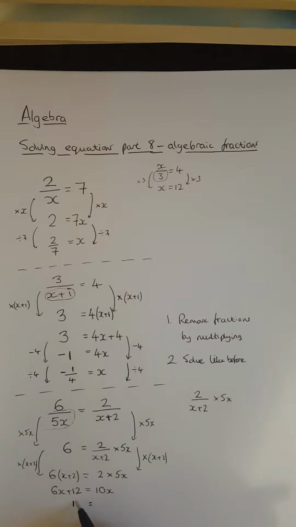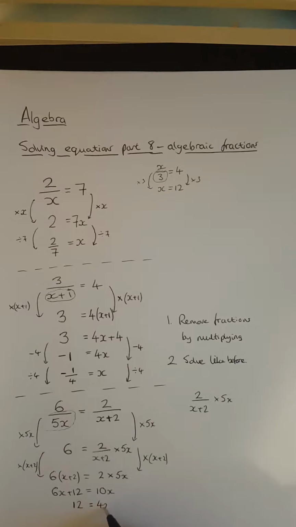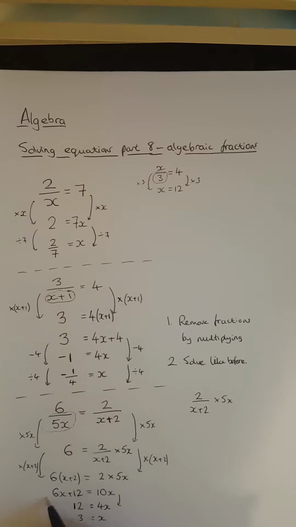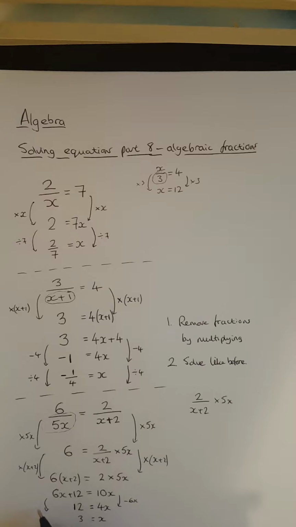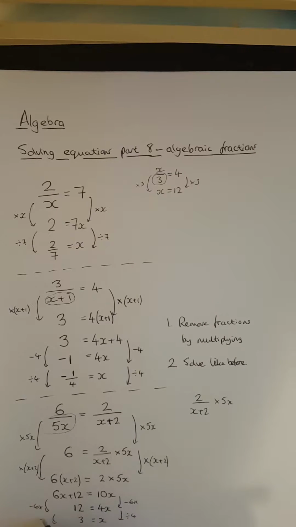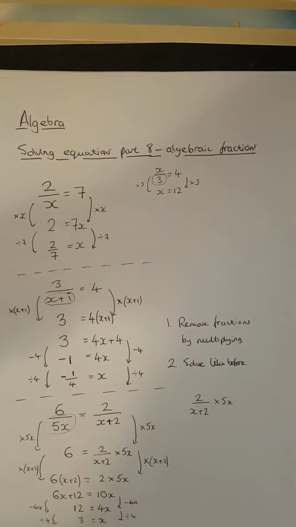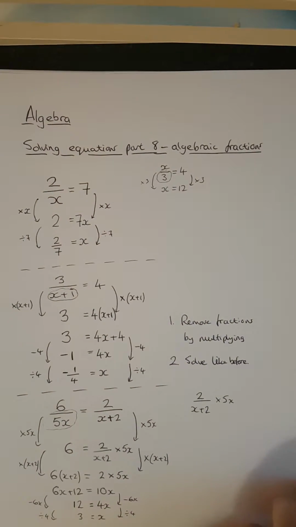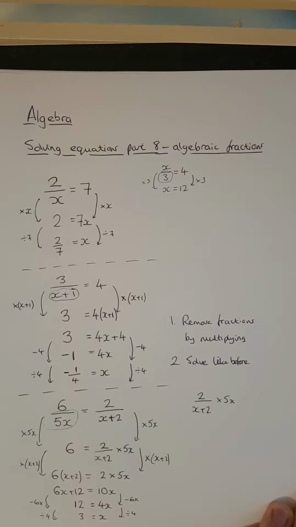So, take 6x off both sides and then divide by 4. Let's continue on. There are 3 more I'd like you to have a look at.